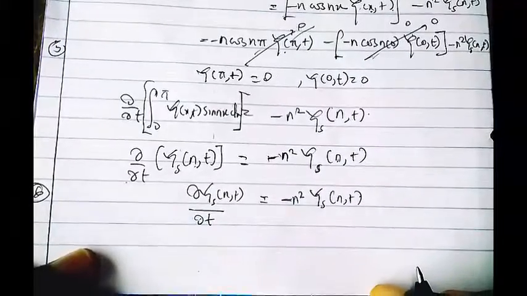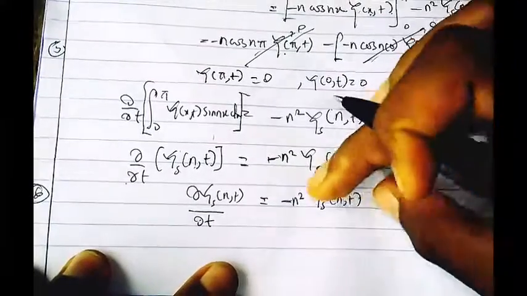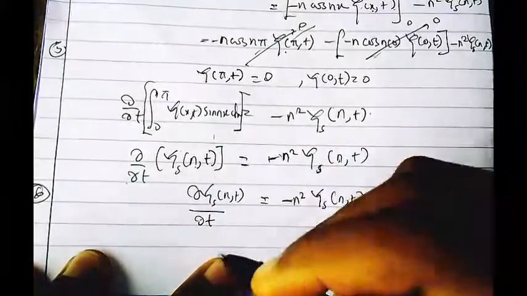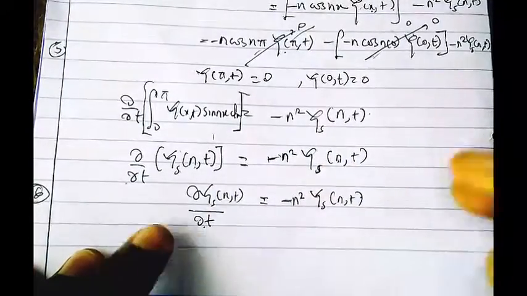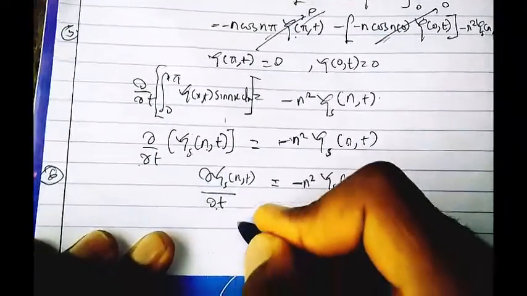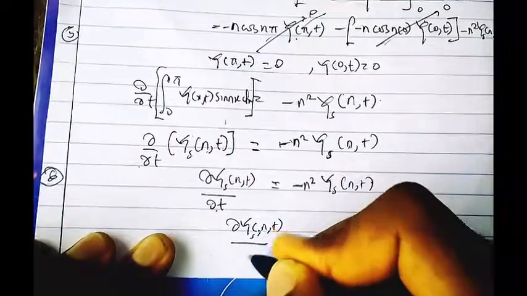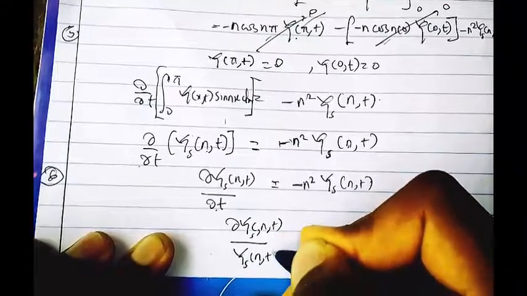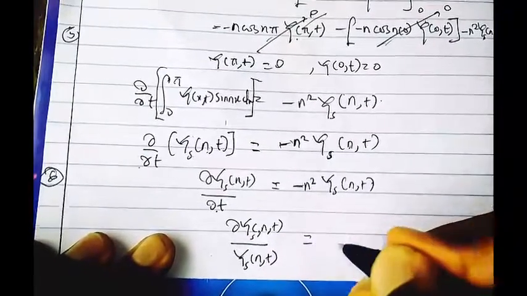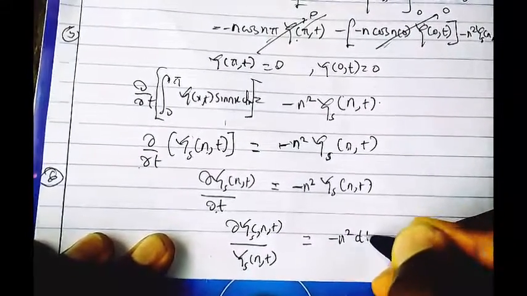I can solve this using separation of variables, meaning I take my dependent variable to meet its derivative and take the dt to the other side. I can write this as dy, which is a function of n and t, divided by y subscript s, which is a function of n and t, equals minus n squared dt.